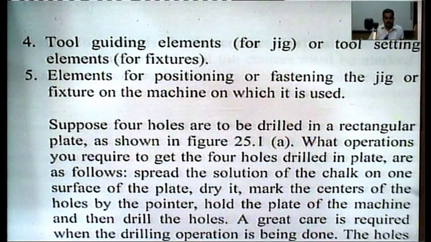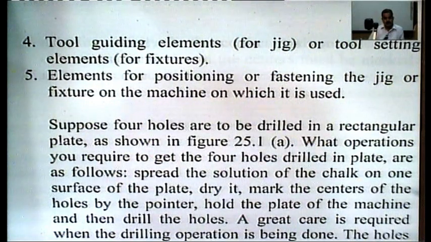First of all, what we do, we spread the solution of chalk on one surface of the plate and let it dry for some time. Then mark the centers of the holes by some pointer. Then hold the plate on the machine and then drill the holes.